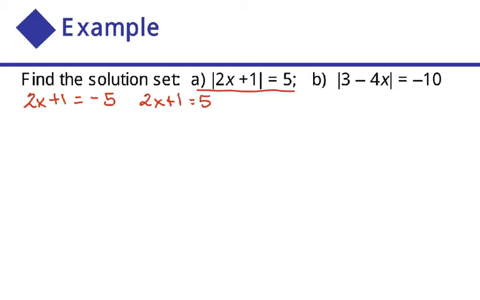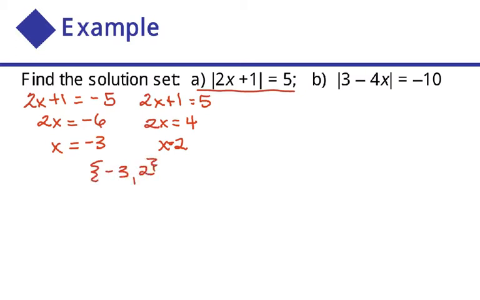And then we'll go through and solve these like we would solve regular equations. So we get 2x equals negative 6, and we get x equals negative 3. Here we get 2x equals 4, and x equals 2. So the solution set is negative 3, 2.